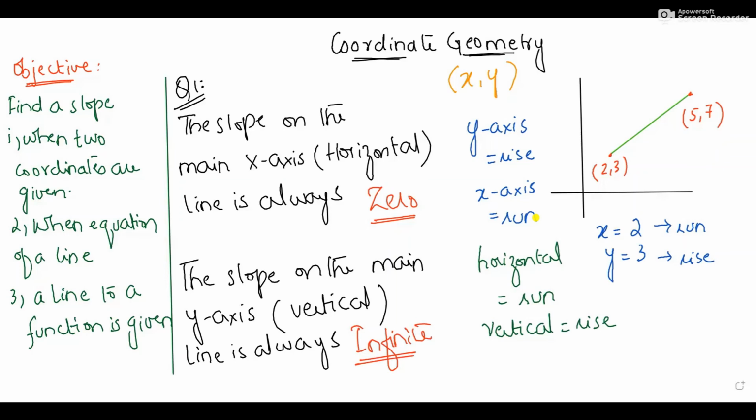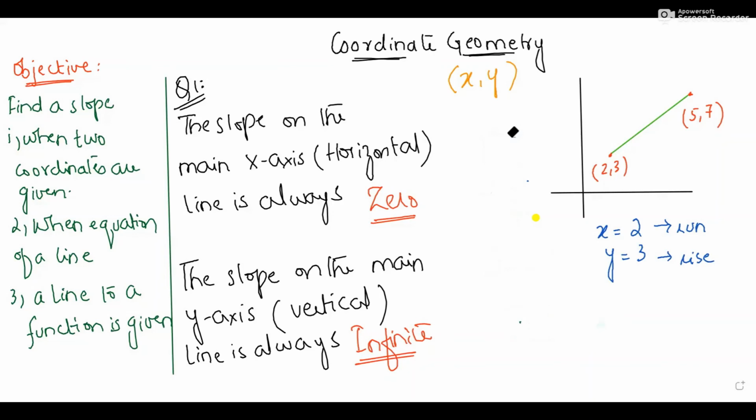How does it come? There is a simple method. If we talk about our first blank, the slope on the main x-axis, I said that it is always equal to 0.